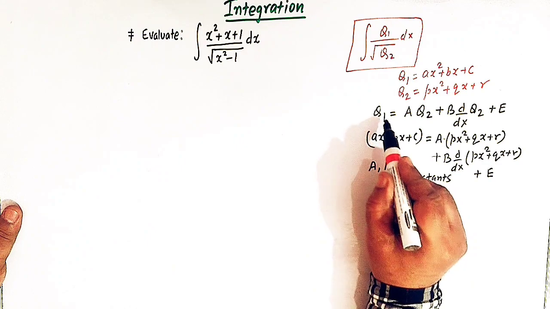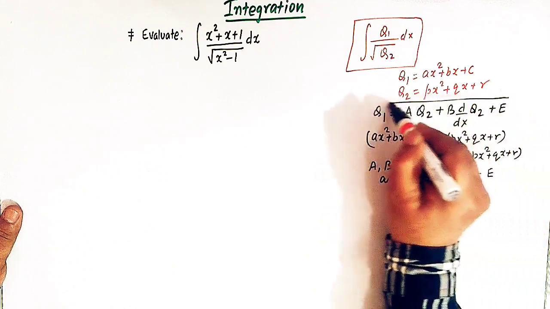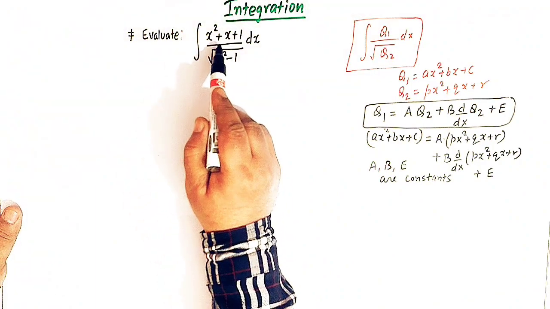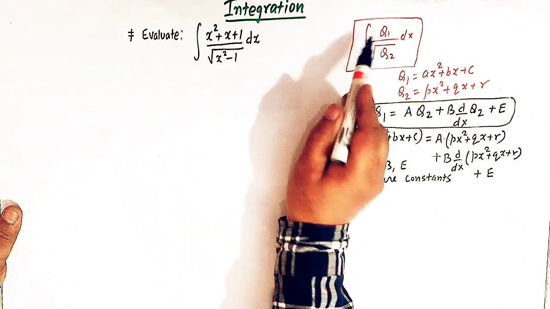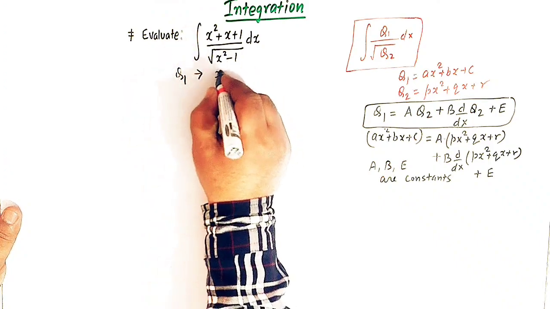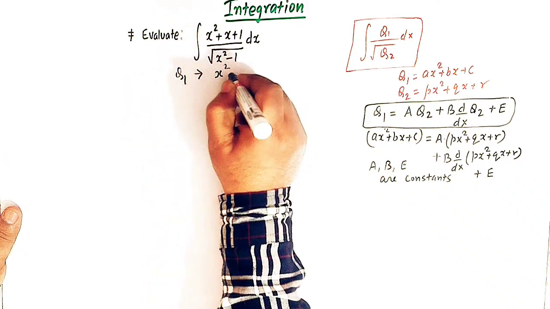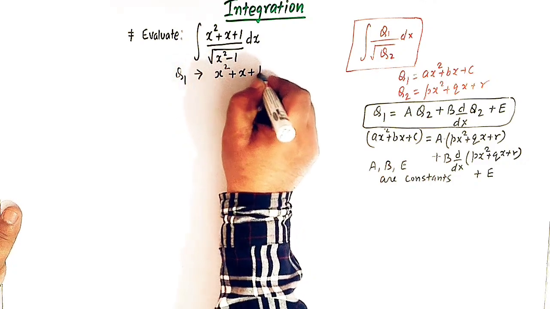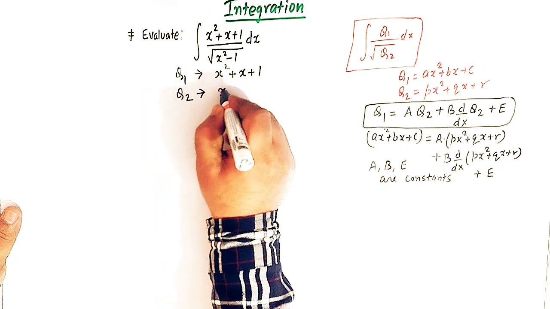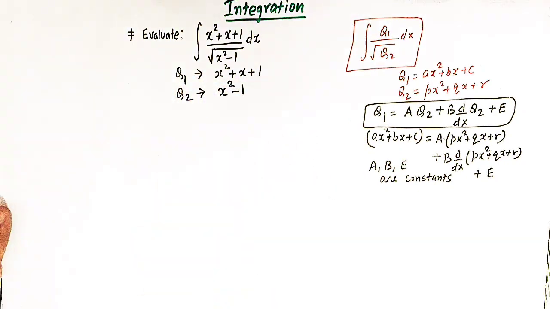So we'll express q1 like this. So now we can compare this integrand with this one. So q1 is our quadratic polynomial, that is x square plus x plus 1, and q2 is given by x square minus 1.